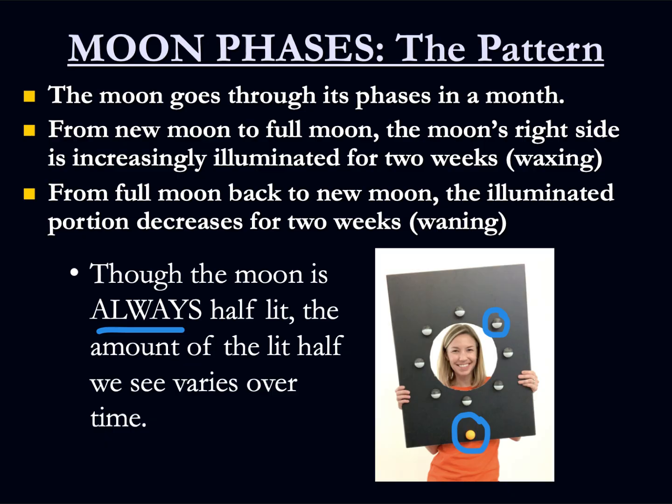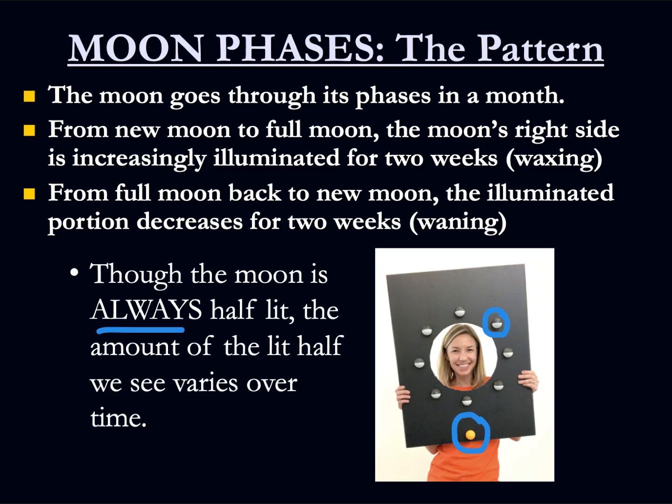The phases, though, are caused by the angle at which we're viewing the lit part. We usually only see part of the lit half. Only at full moon do we see the entire lit half of the moon.